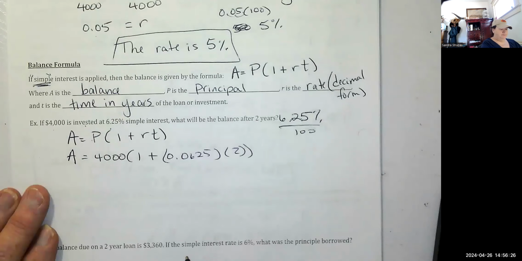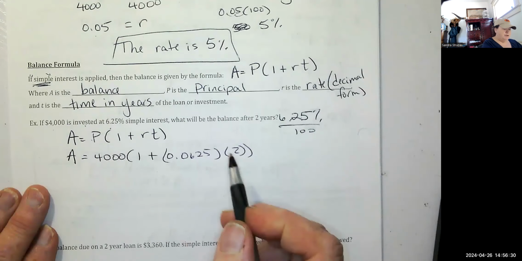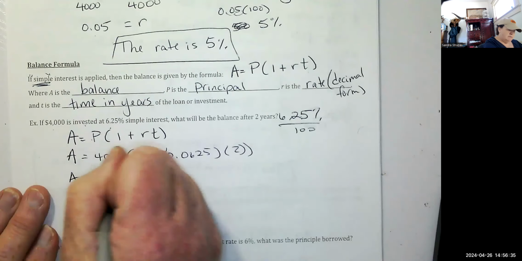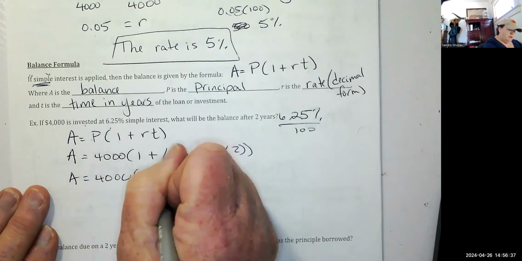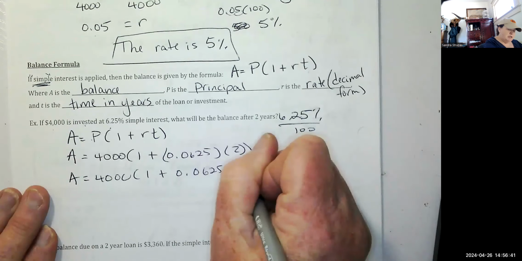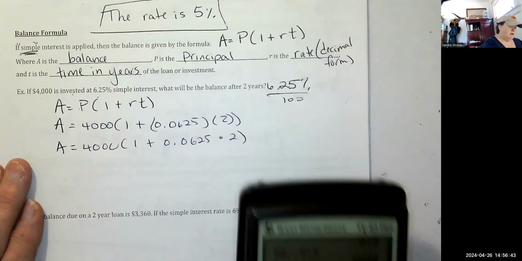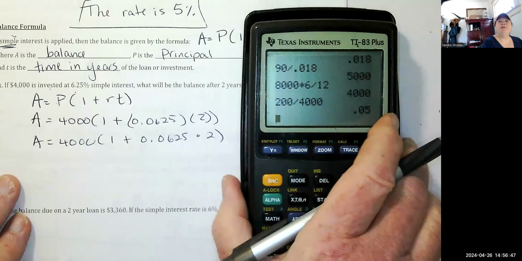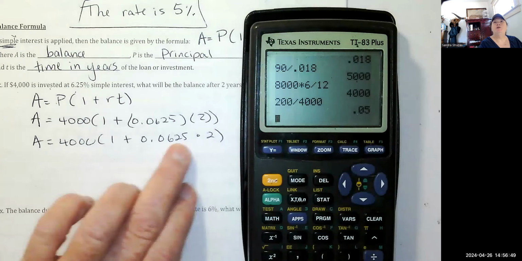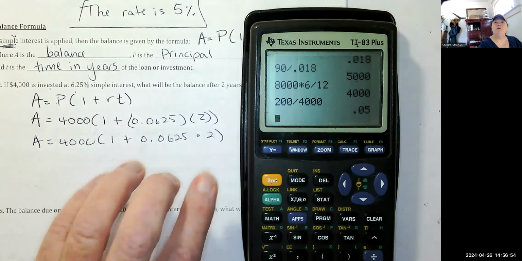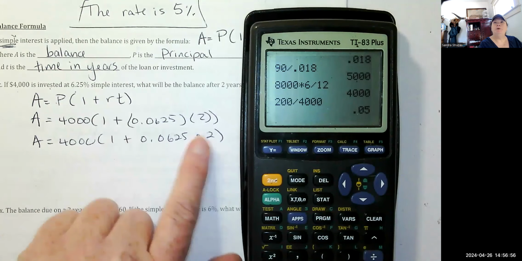To put this in your calculator, you don't need the A. You're going to go 4,000, and then 1 plus, I would use 0.0625 and then times 2. I think that makes more sense. You could put that directly in the calculator, but honestly, I want you to learn the order of operations for this. Think of PEMDAS, so parentheses first. But inside the parentheses, we have addition and multiplication.